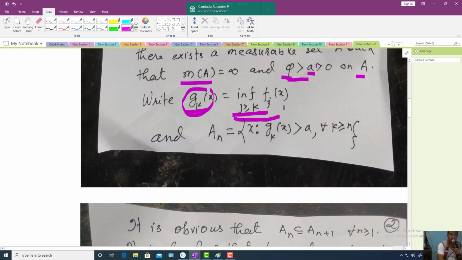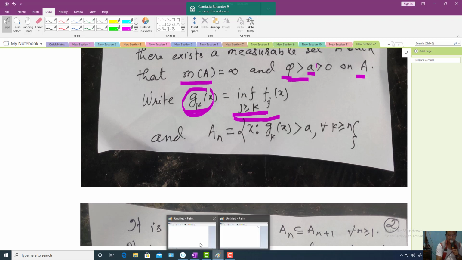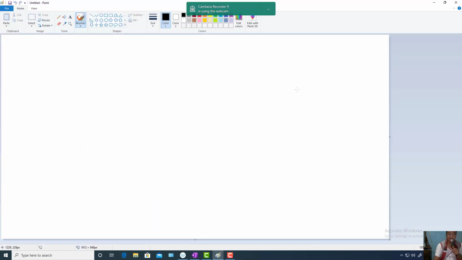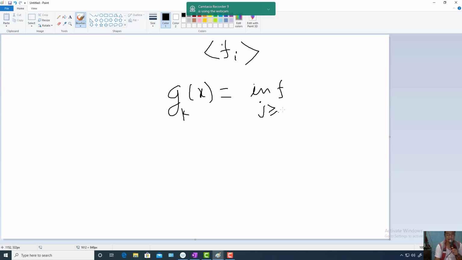All right, so let us see something then, so that it will be very clear later on. You have a sequence of functions fi. So then what is gk? gk at a point x is equal to the infimum over j greater than or equal to k of fj(x).